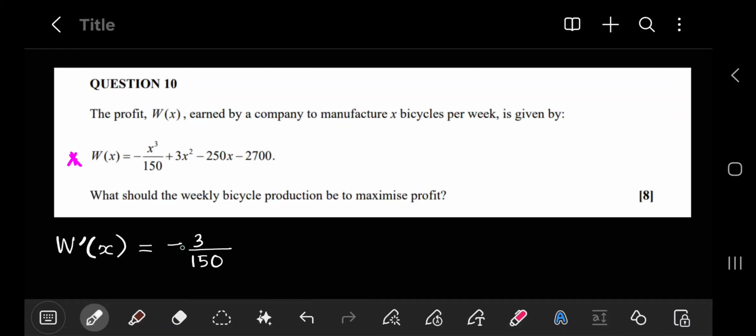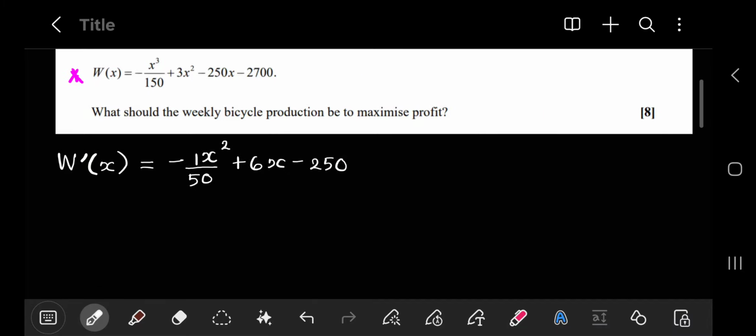Your calculator may give you negative 1 over 50, which is perfectly fine. And the x cubed becomes x squared. For the second term, we get plus 6x, and the third term is negative 250. The last term, negative 2,700, falls away.